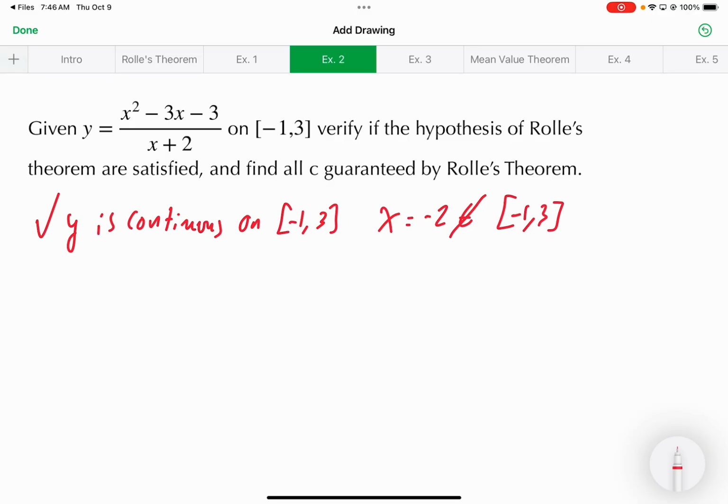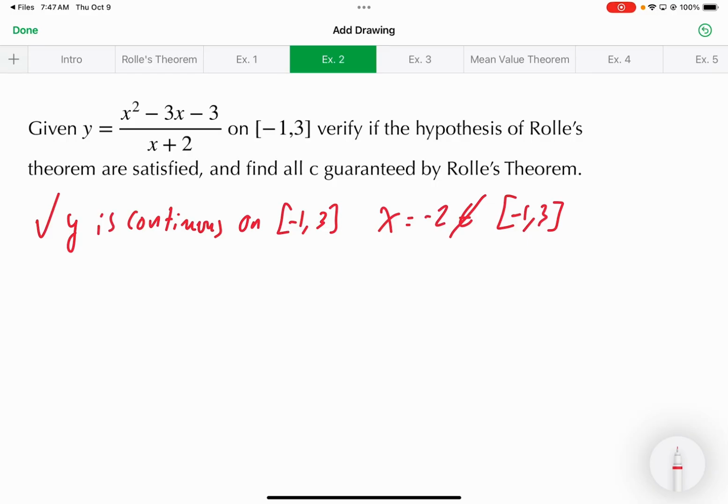All right. Is it differentiable? What would be the value that would make it not differentiable? Again, -2, right? Think about when I take the derivative of this, what is it going to require me to use? Okay, so low d high minus high d low over low squared.